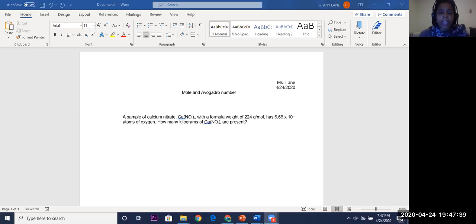What's a mole? I keep reading: grams per mole and has 6.66 times 10 to the 27 atoms of oxygen. And how many kilograms of calcium nitrate are present?